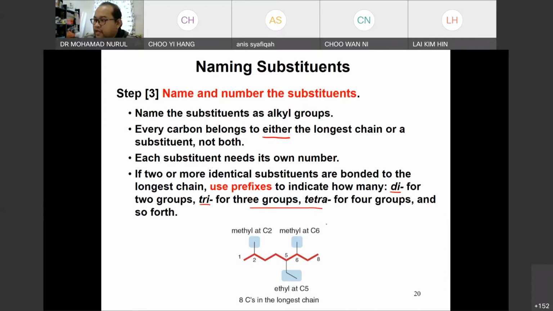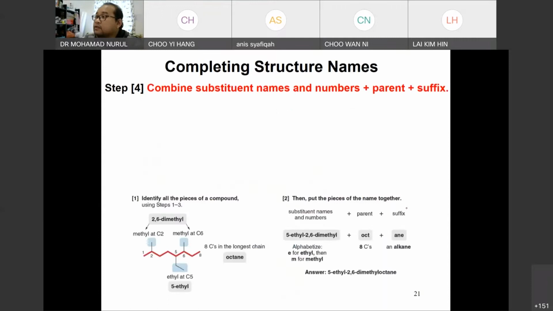So in this case, we have dimethyl. For step 4, combine the substituent names plus numbers plus prefix plus suffix.